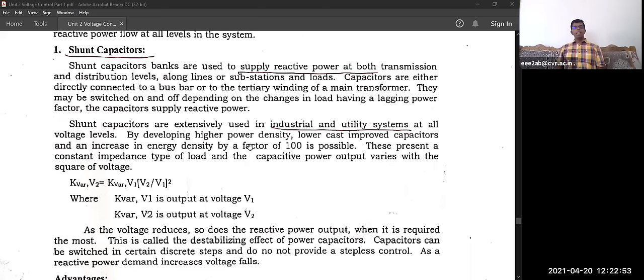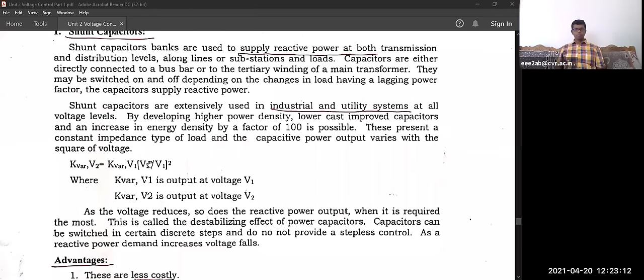By developing higher power density, low cost, improved capacitors, an increase in energy density by a factor of 100% is possible. Then these present a constant impedance type of load, and capacitive power output varies with the square of the voltage.